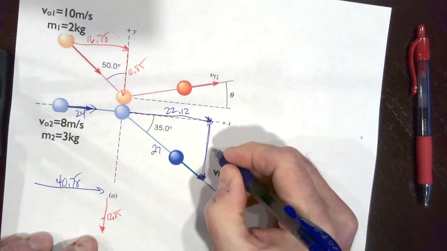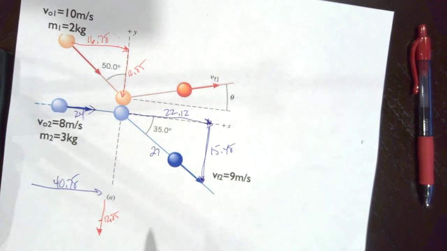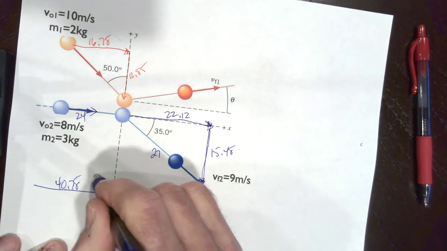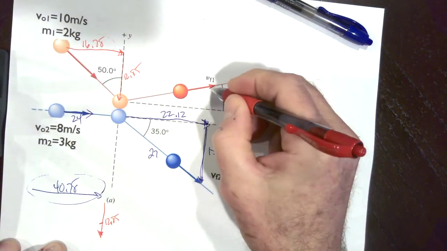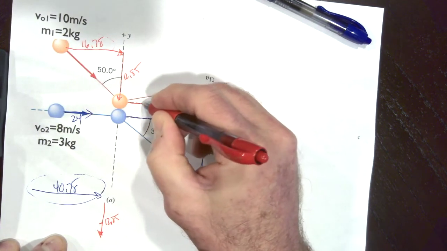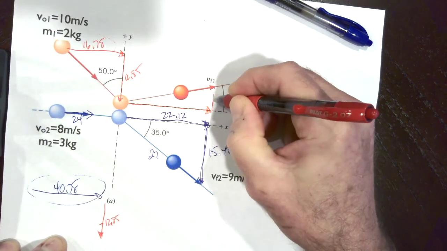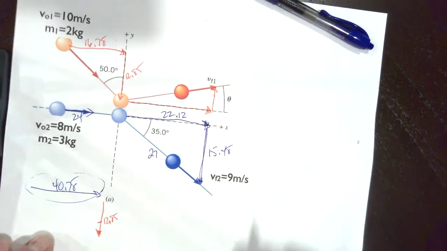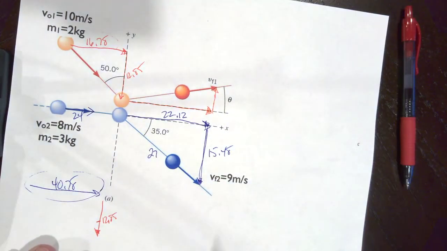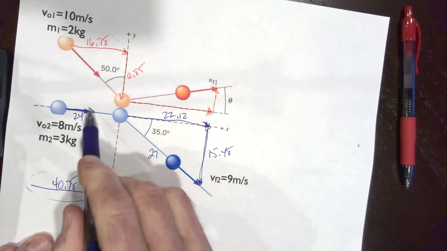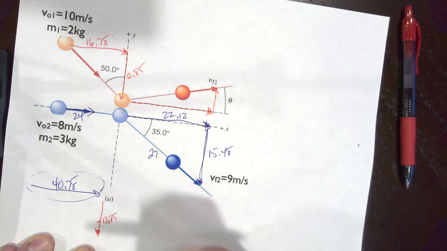Oh, this is going to be a lot easier than I thought it was. I have to have this much in my x dimension. This red one afterwards has an x component to its momentum and a y component to its momentum. So all I've got to do is compare. We've got 24 plus 16.78 giving us 40.78 total before in the x.